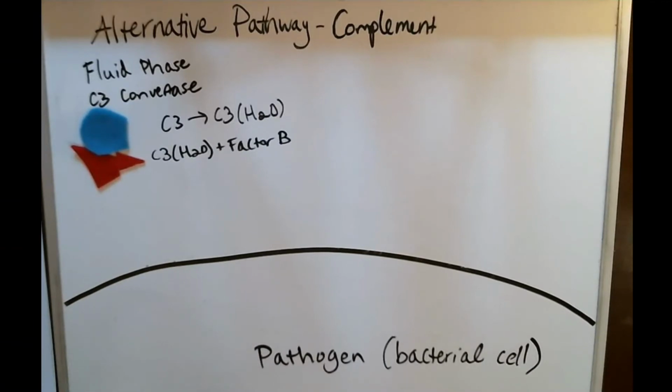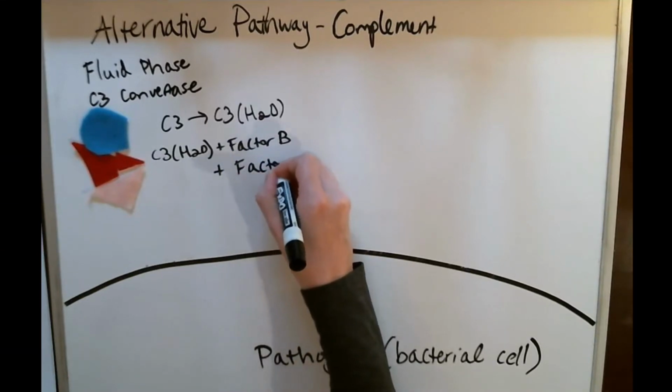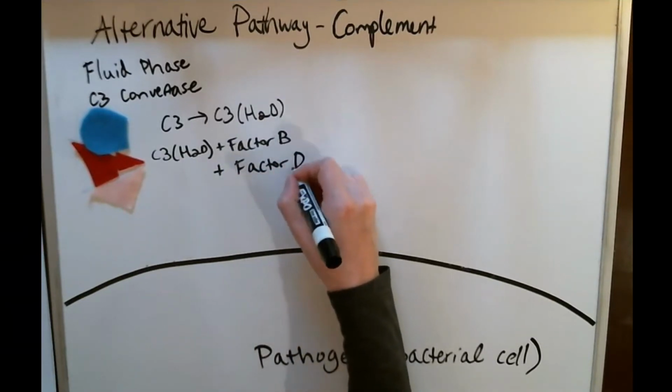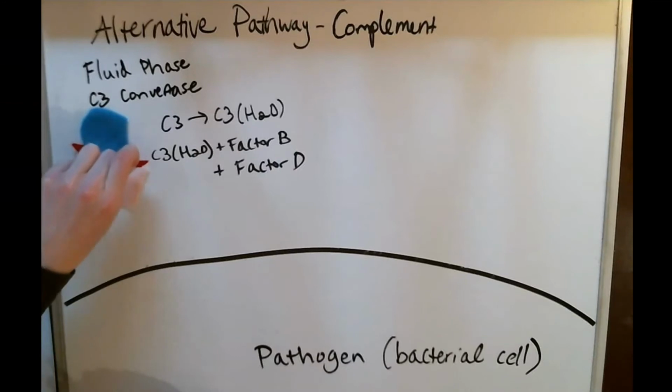The next step is that this complex is going to bind another protein called factor D, which is shown in pink. And then what happens is that factor D actually acts upon factor B and causes it to be cleaved. We're going to result with two small molecules then.